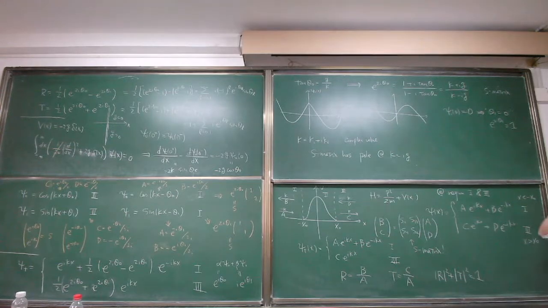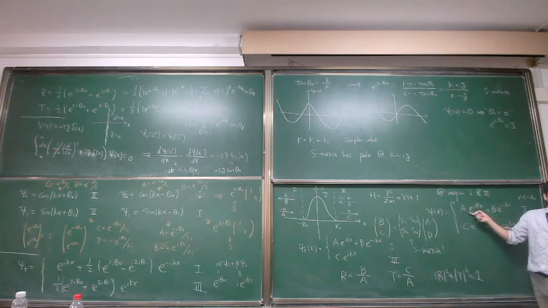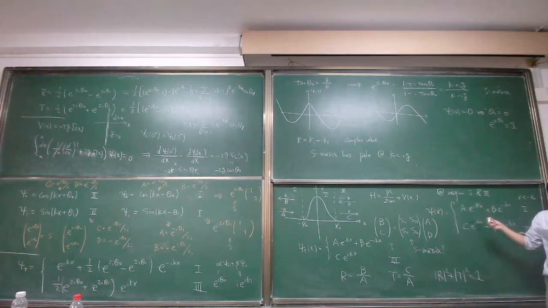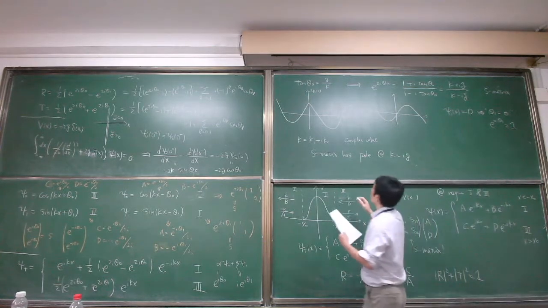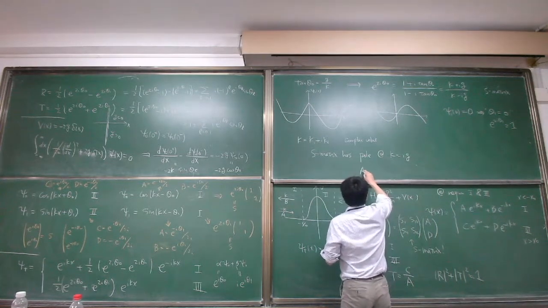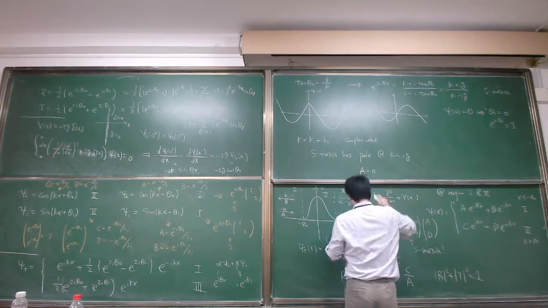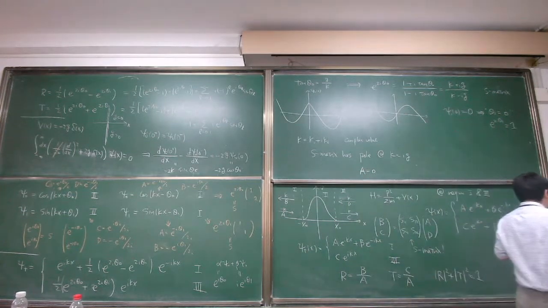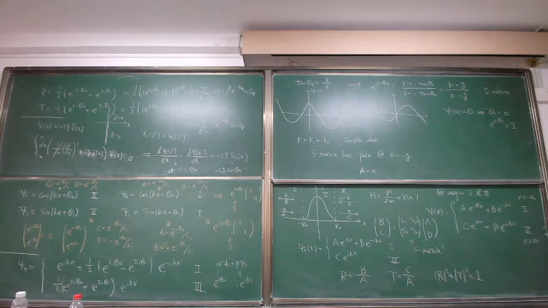Therefore, if you go to far minus infinity, this part becomes divergent. We need to normalize, so A should be 0.